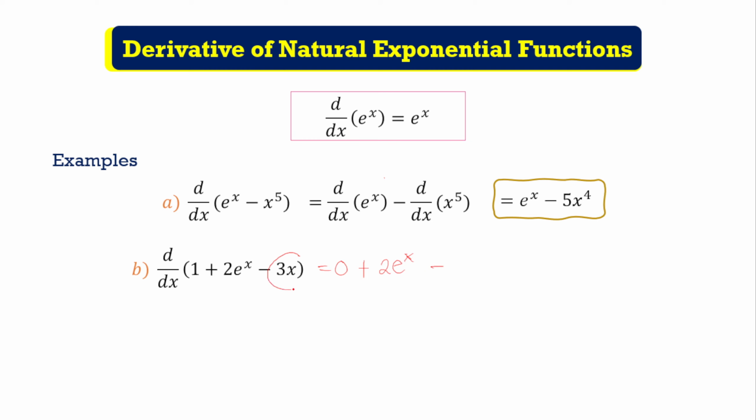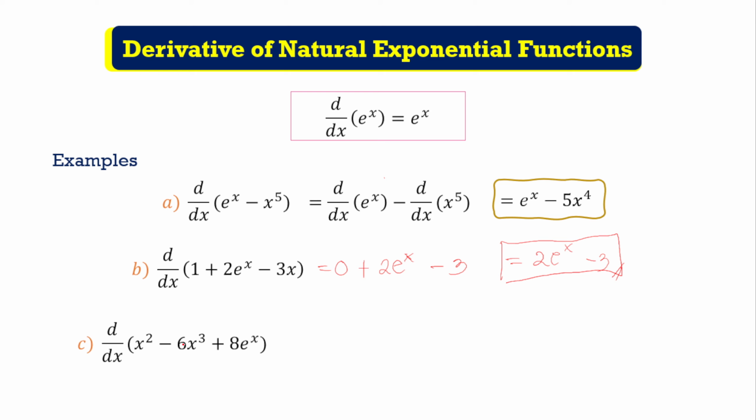Minus the derivative of 3x, which is 3, right? So the final answer is 0 plus 2 e raised to x minus 3, which is just 2 e raised to x minus 3. That's the final answer.